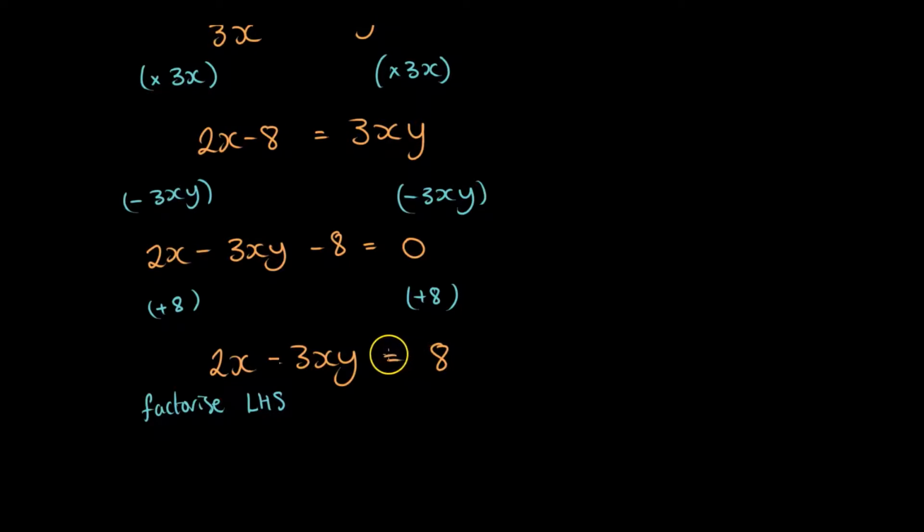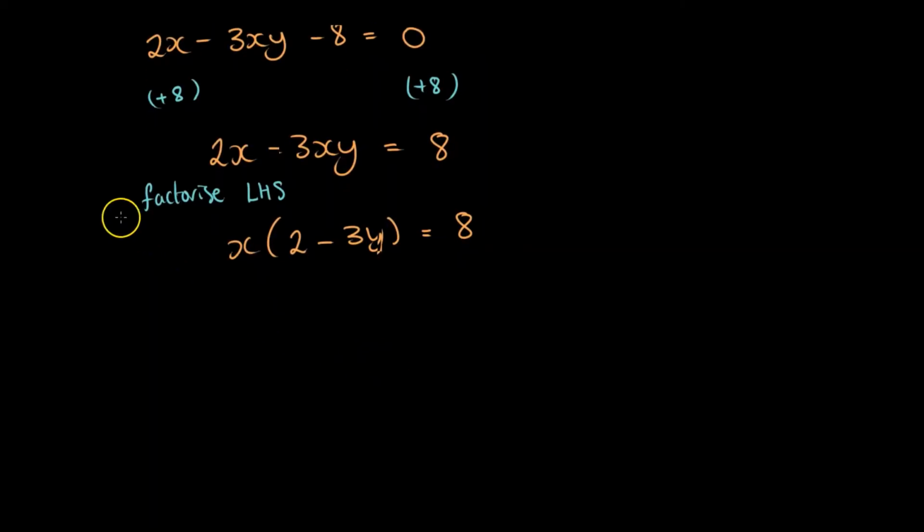And we don't need to factorize both sides because factorizing doesn't change anything about this left hand side. So taking an x out of this first term will leave us with 2, and taking an x out of the second term will leave us with 3y. So hopefully you've come across this technique before. If not, I'll try and make another video explaining factorizing.